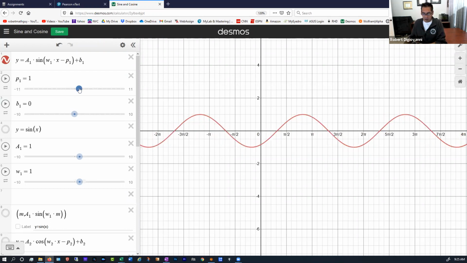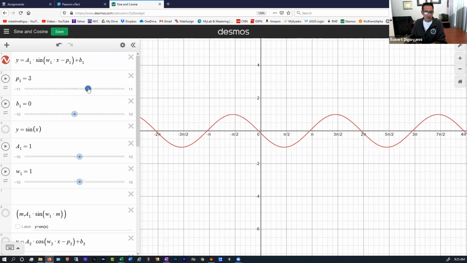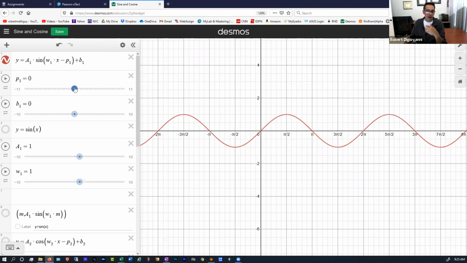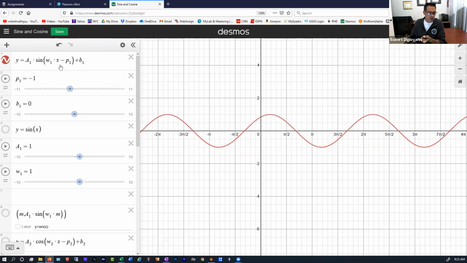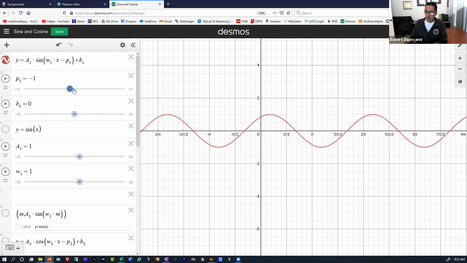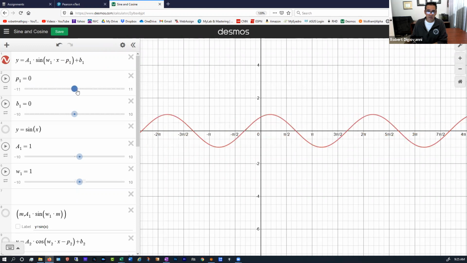If I subtract 2, it's going to keep moving to the right. And now if I do the opposite, instead of subtracting a number, I subtract a negative number. So notice that this is -1. If I subtract -1, that's the same as adding 1. And so the whole graph went to the left 1 instead. And so that's what we call a phase shift. A left and right shift of the sine function is called a phase shift.